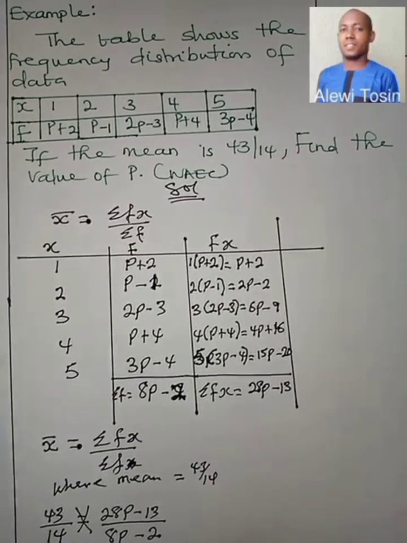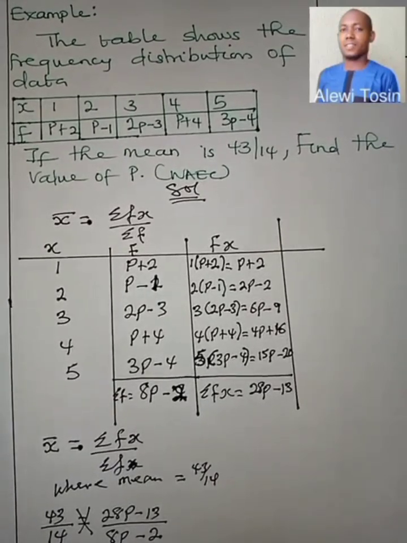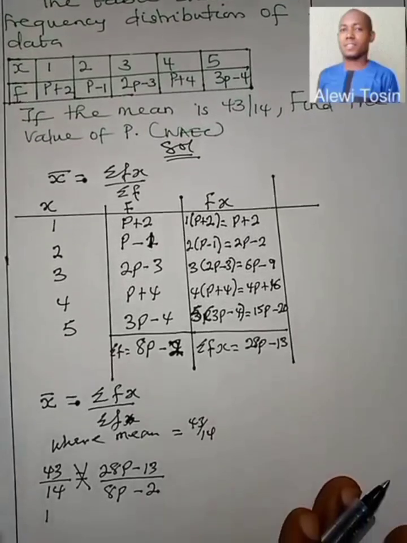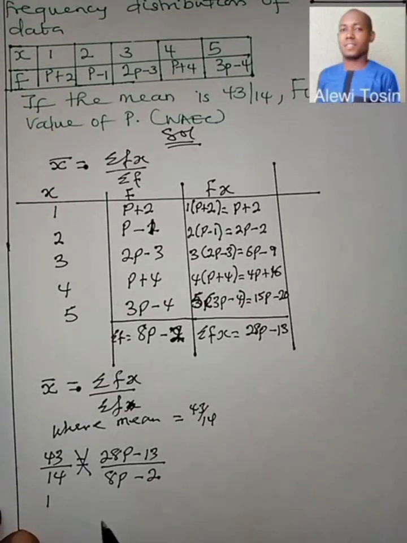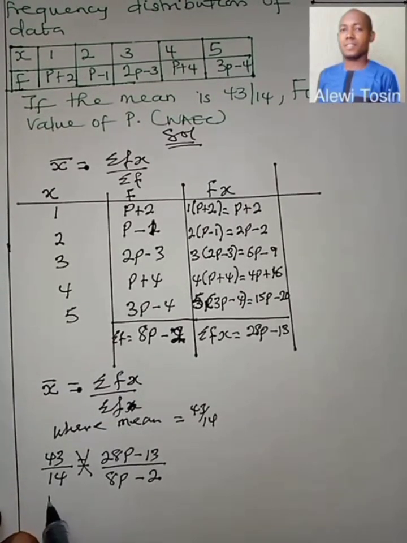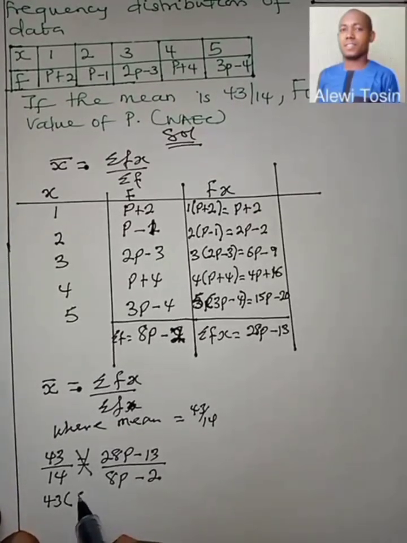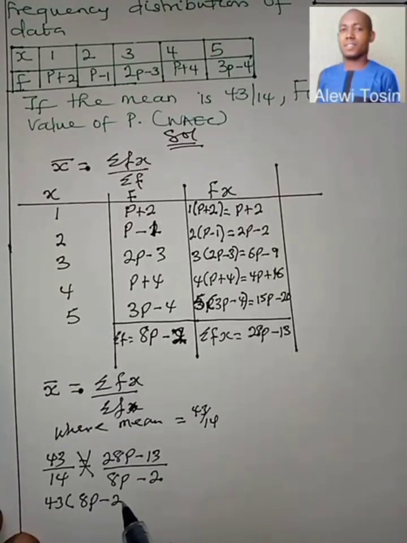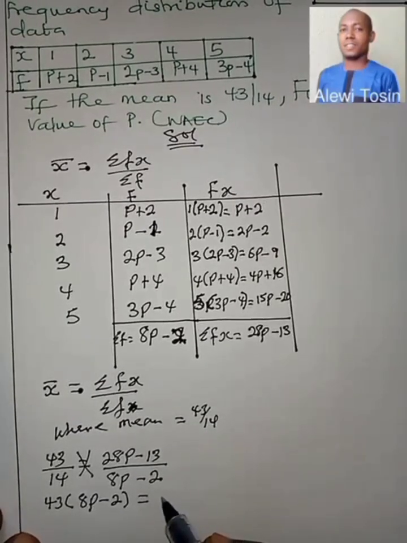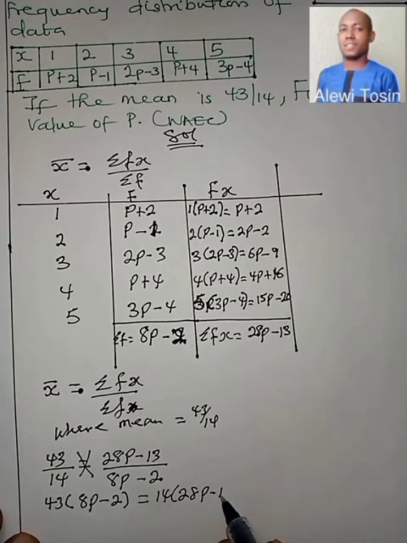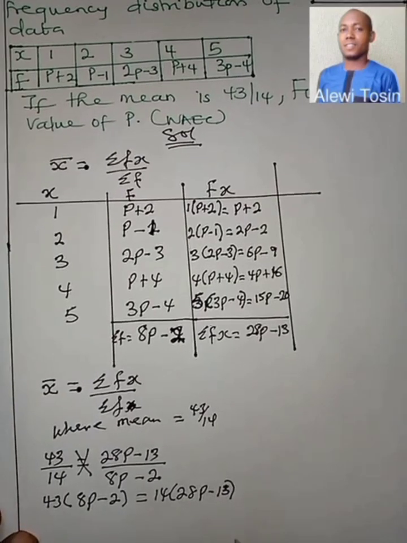With this, if you cross multiply, we have 14 and 43 bracket 8p minus 2. This will be equal to 14 bracket 28p minus 13.